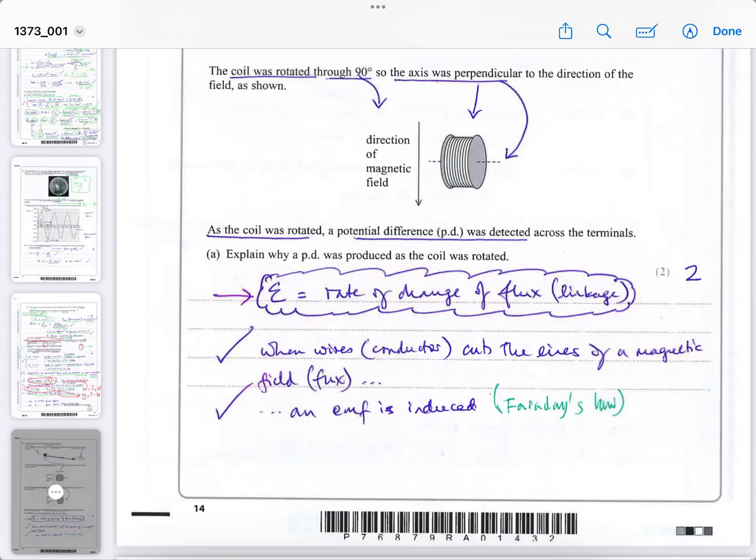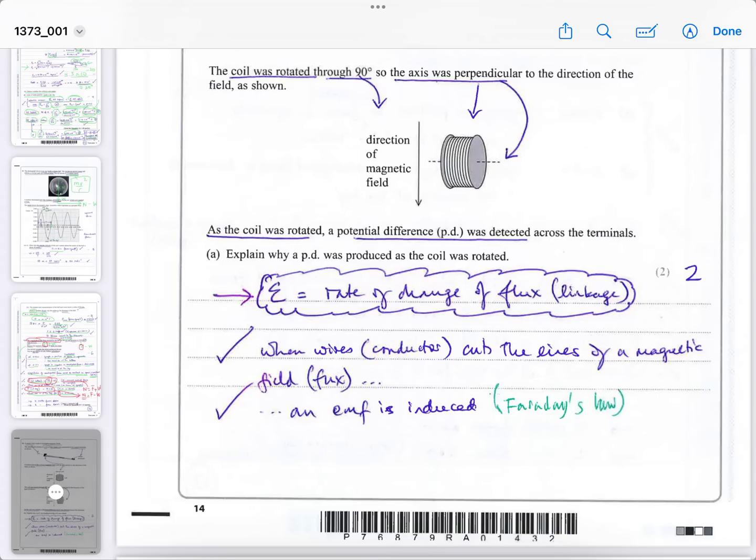So as the coil was rotated, a potential difference was detected across the terminals. So as it's going from one position to the next, you're going to have a change in the magnetic field cutting through the coil, and that rate of change of cutting through the flux is called the flux linkage, and that is what determines the EMF induced.